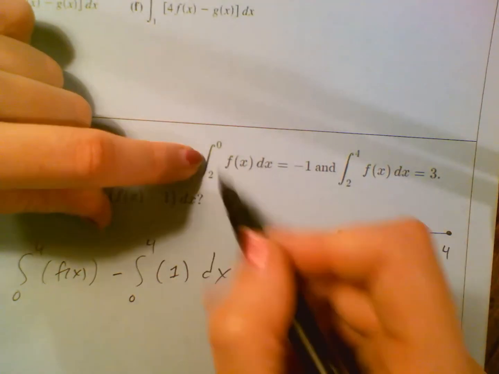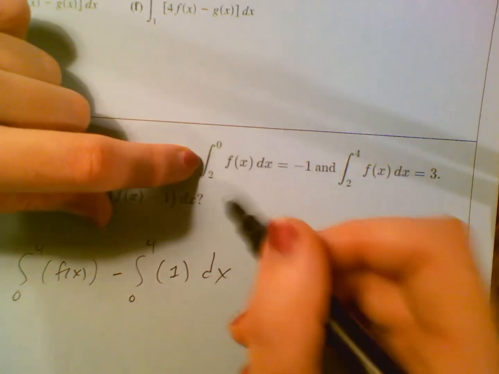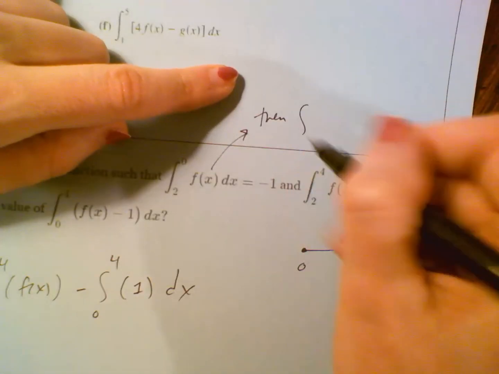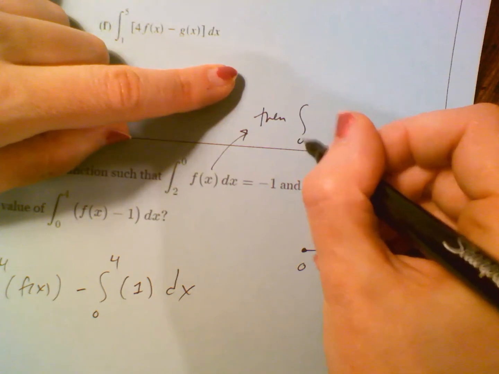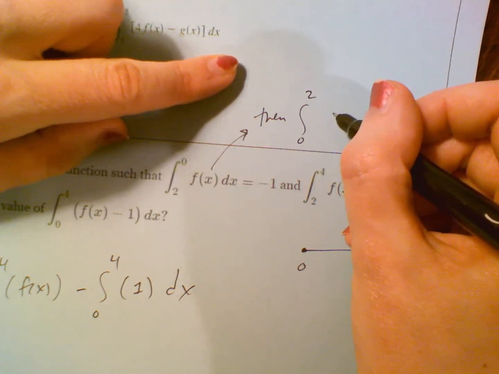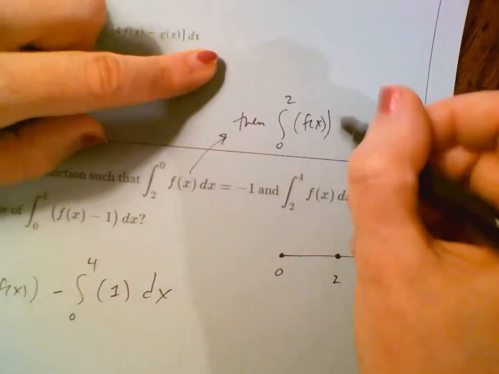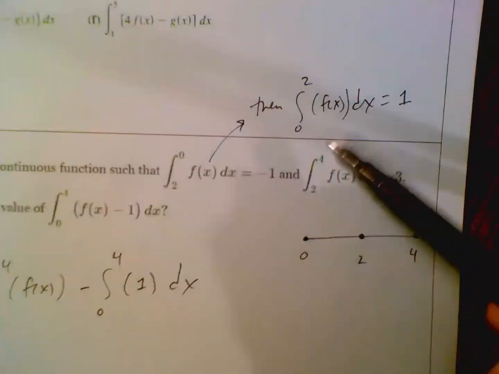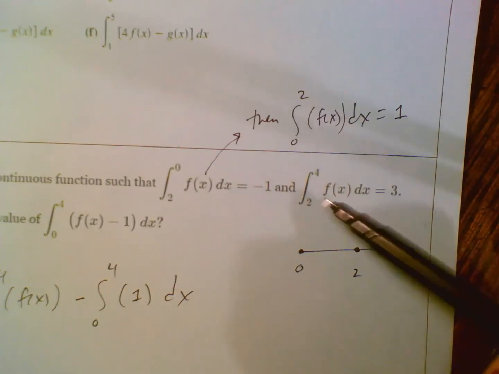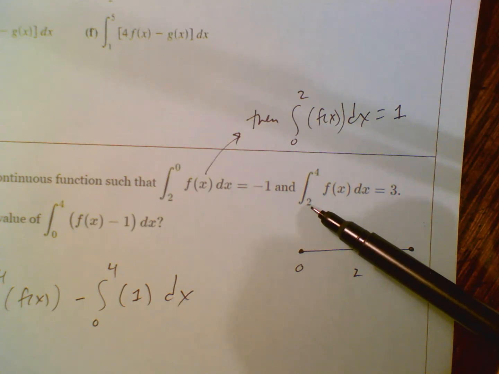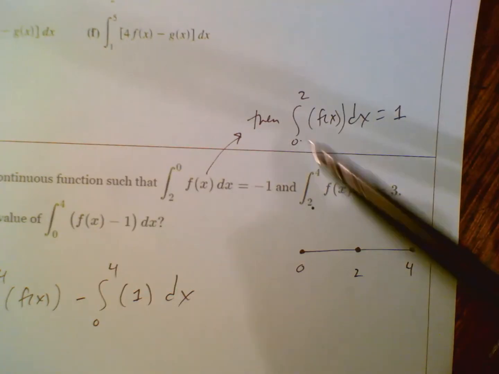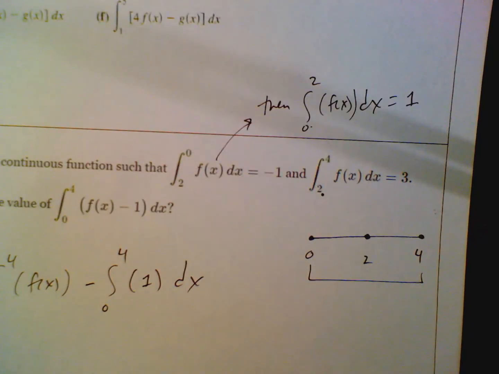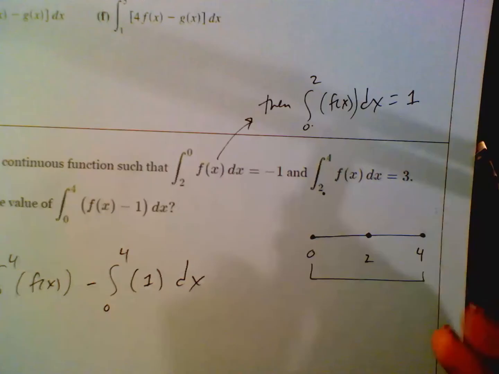So if 2 to 0 has an area of -1, then the integral from 0 to 2 would equal +1, from what I just showed you. And now you have 0 to 2 and 2 to 4. And guys, 0 to 2 and 2 to 4 make up this whole interval 0 to 4. So 0 to 2 plus 2 to 4.